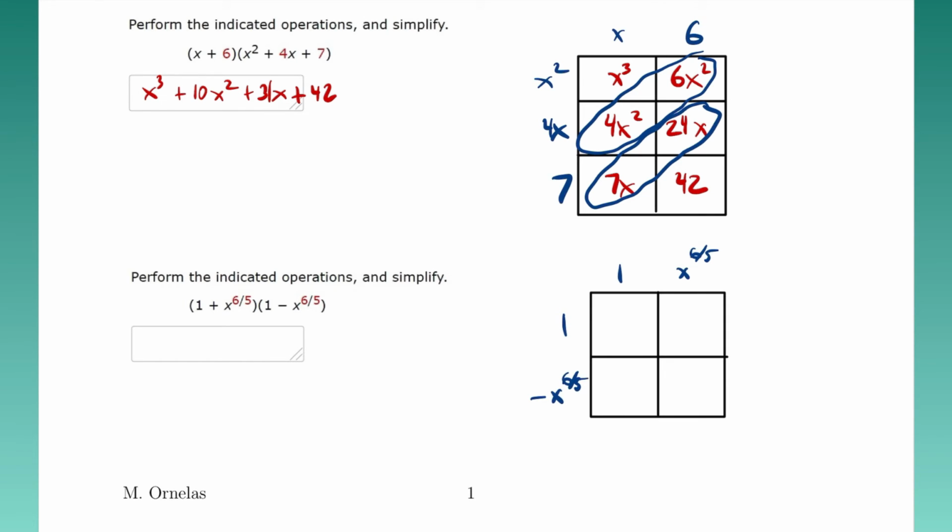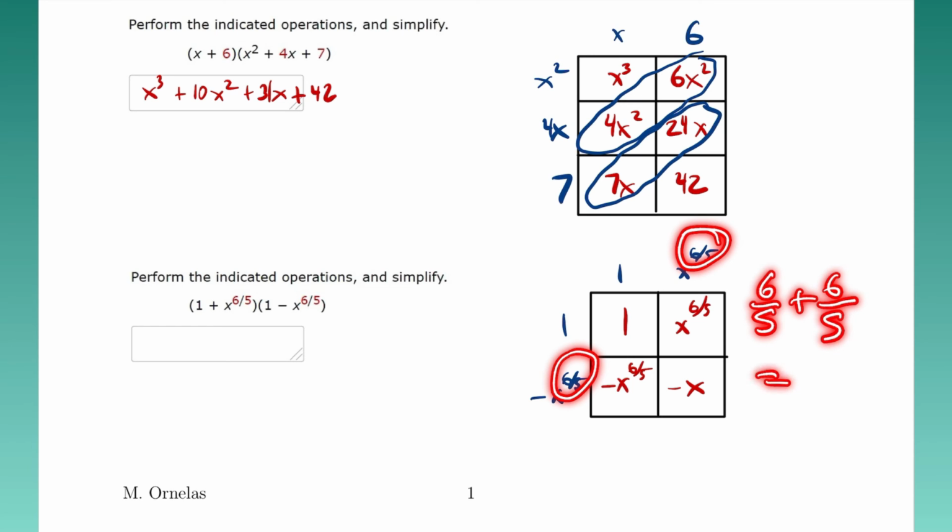This would be x to the 6/5. This would be negative x to the 6/5. And over here, we add the exponents because you're multiplying two powers that have the same base. A negative times a positive is a negative. If you add 6/5 plus 6/5, you're going to get x to the 12/5.